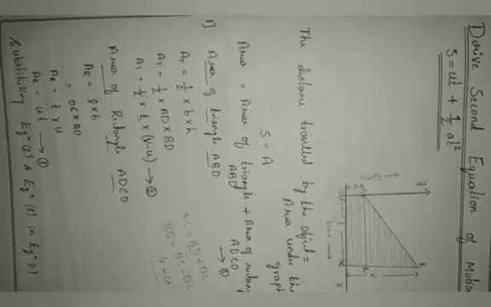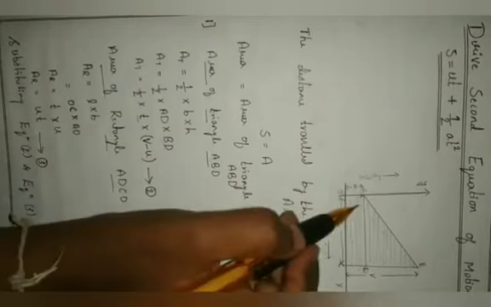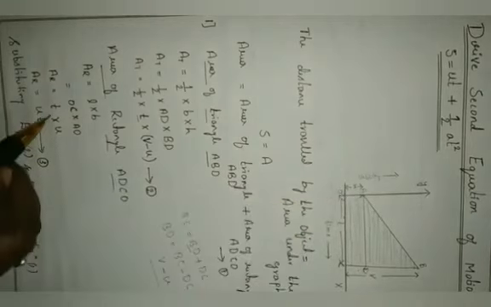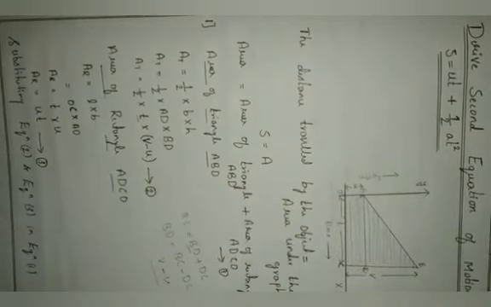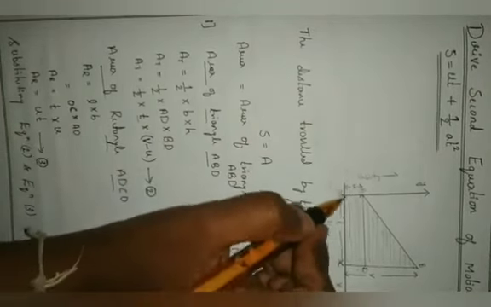Now coming to the area of the rectangle. The formula for the area of a rectangle is length into breadth. Length here is OC and breadth is AO.